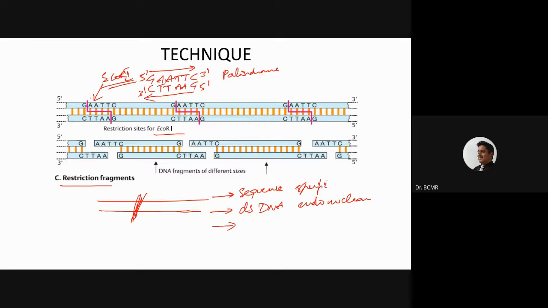So when EcoR1 cuts, it makes a cut here and another cut here, because of which the DNA is broken like this. These regions are called overhangs. This is the 5' side, so you will call it a 5' overhang.